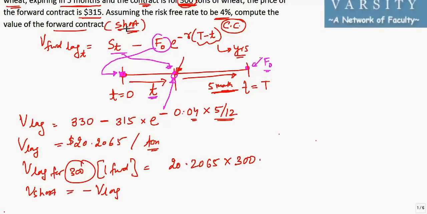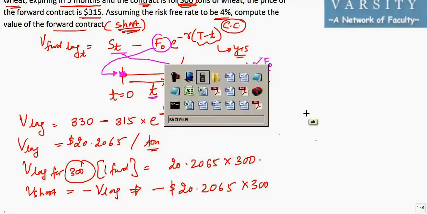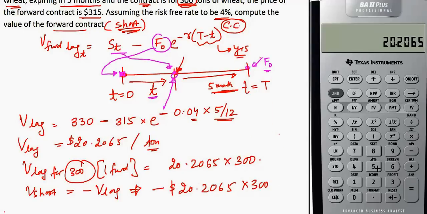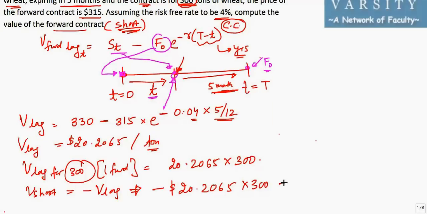Since we are interested in the value to the short, it will be minus 20.2065 into 300, which comes to minus 6061.9475. It is negative.